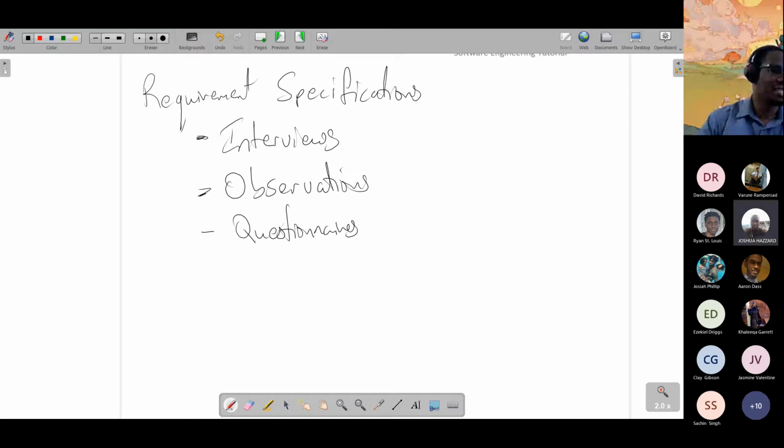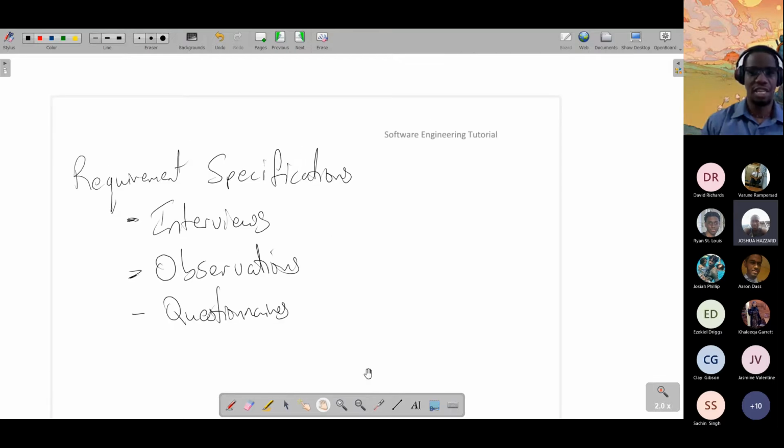Software quality begins with the quality of requirements. So the requirement specification improves the software quality. It essentially guides the development of the software.